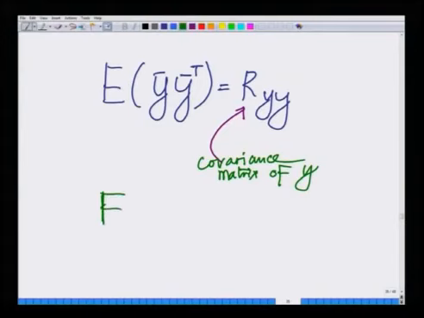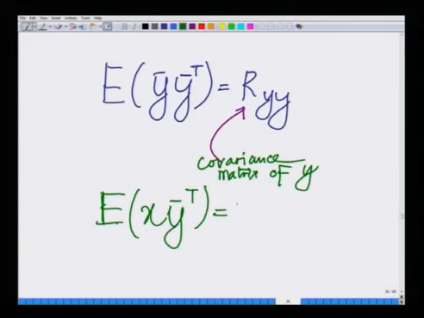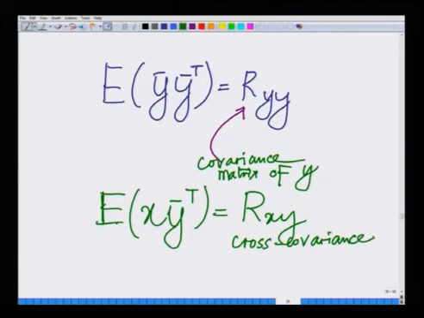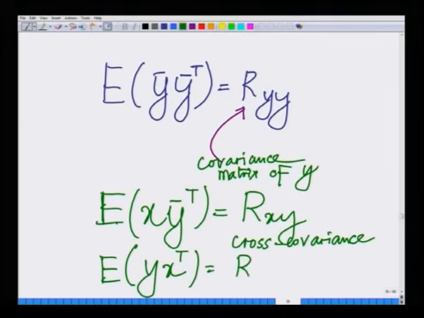I will also look at the cross covariance. I will say expected x y transpose equals R x y. This is the cross covariance. In fact, expected y x, or expected y x transpose, is nothing but R x y transpose, which equals R y x.